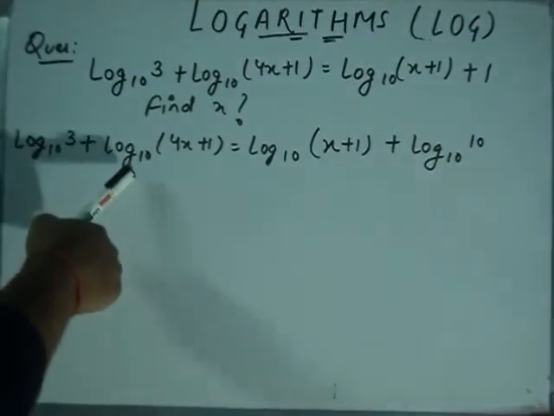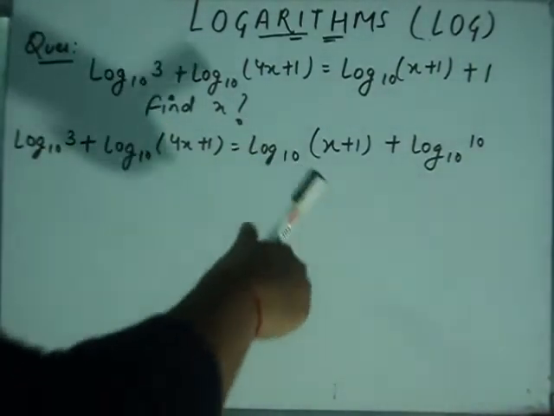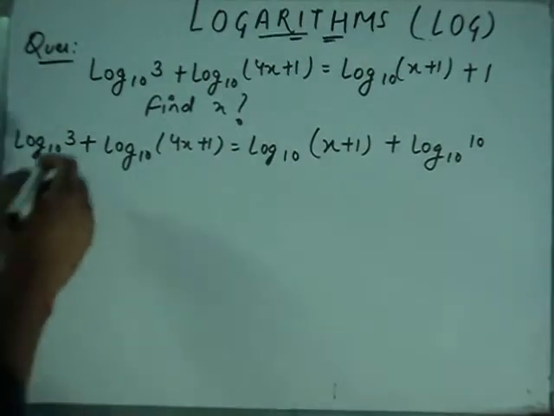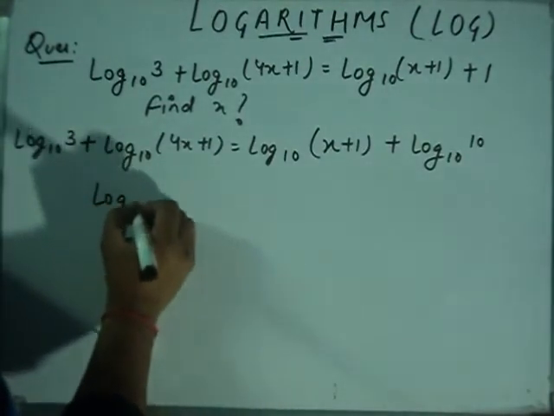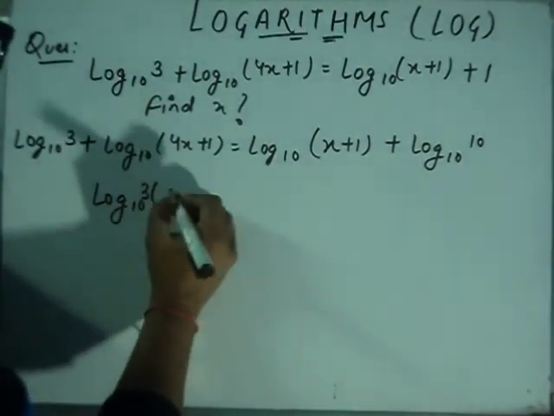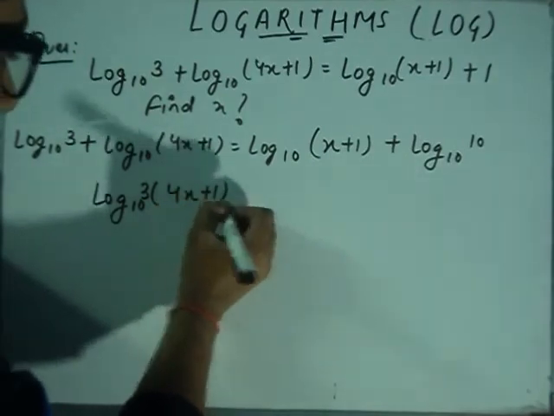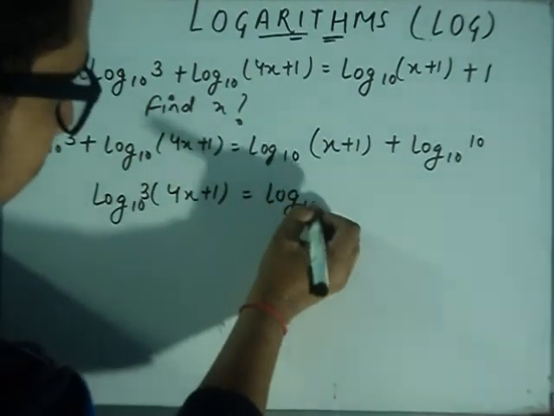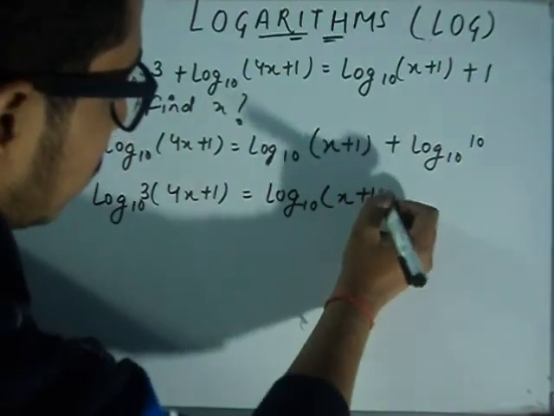When bases are the same, these values would multiply. So what we get: log base 10 of 3 times (4x plus 1), and we have log base 10 of (x plus 1) into 10.